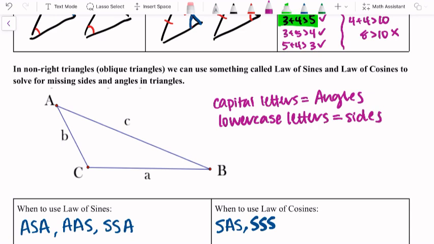So whenever we're looking at our triangle, if I have angle A, I know that side length a is going to be the one that's opposite of angle A. Same thing with angle C, side length lowercase c is going to be opposite of that. Knowing how to read our information with the capital letters and lowercase letters is going to help us set up our picture.